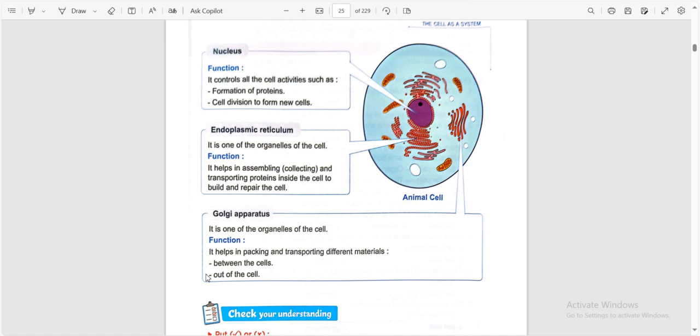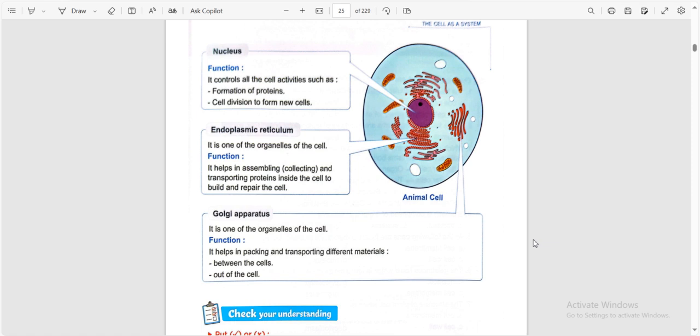And it has two main functions. First, the formation of proteins. Second, cell division, to form or to create new cells. Next, we have the endoplasmic reticulum. And it's one of the organelles of the cell.